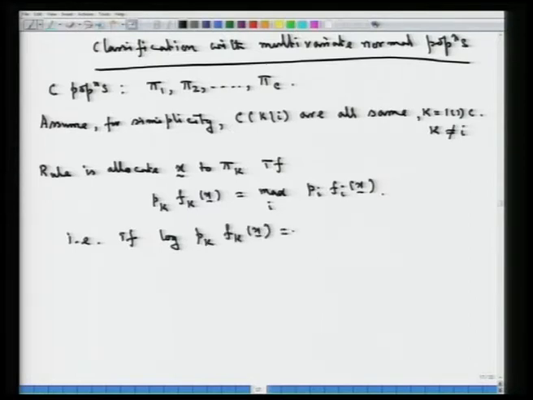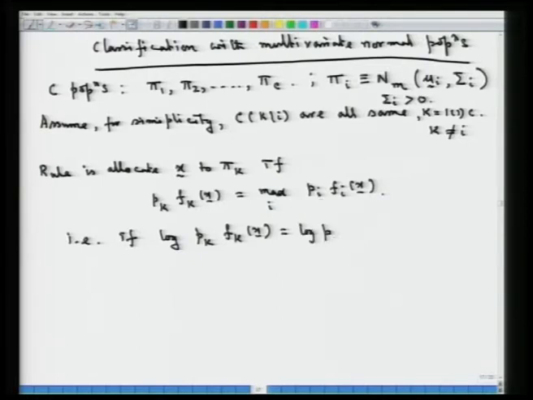Now, we know what f_k(x) is because the kth population is a multivariate normal distribution. So let us take pi i to be a multivariate normal population of dimension m, with mean vector mu_i and covariance matrix sigma_i, wherein we assume that sigma_i for every value of i is a positive definite matrix. We will have to look at what this quantity is equal to. That is simple because we have multivariate normality.